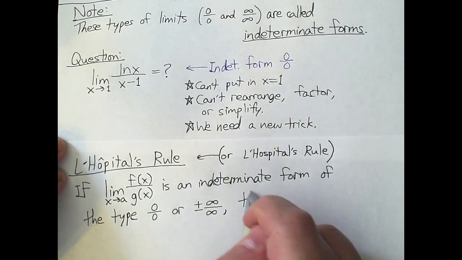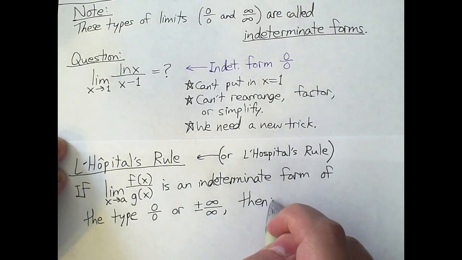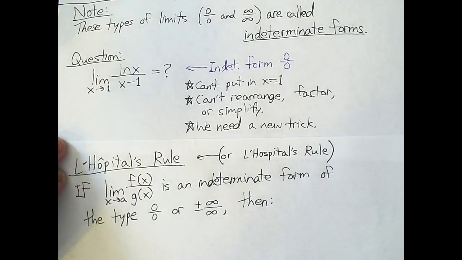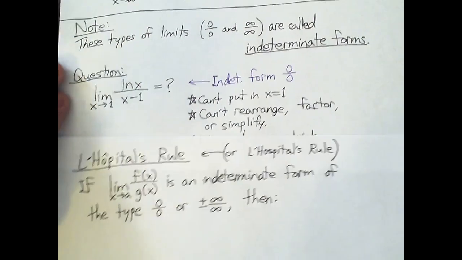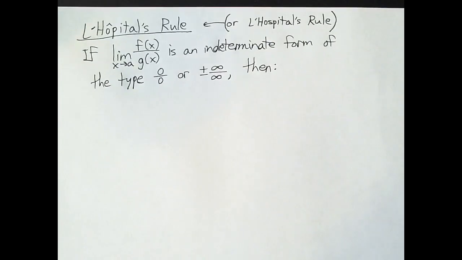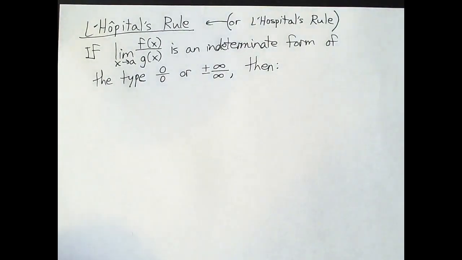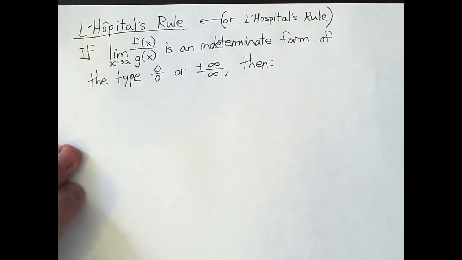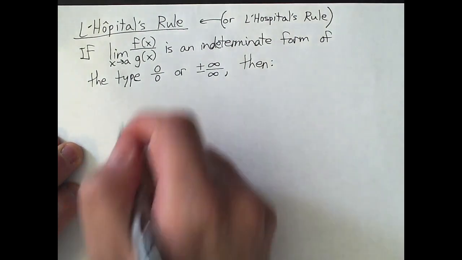All right, then L'Hopital's rule is actually going to be just a really nice formula. And it's not something that's hard to memorize. It's actually just going to tell us what the limit is. You should be expecting that it's going to use the derivative at some point, because I said this was going to be an application of the derivative.